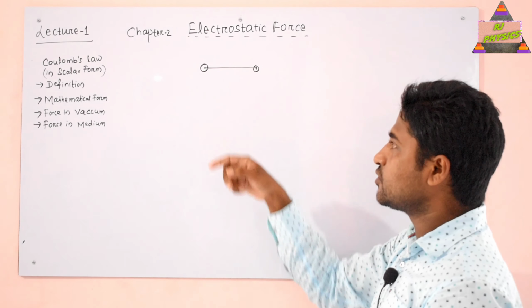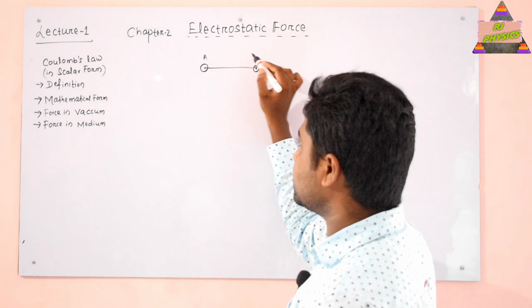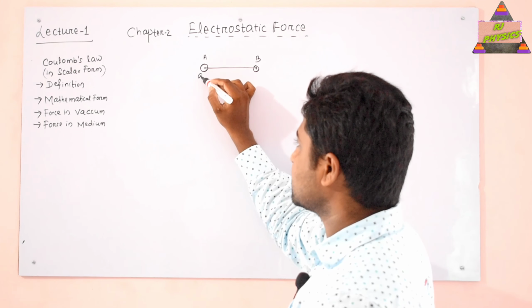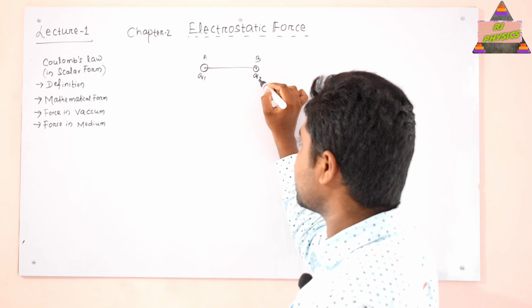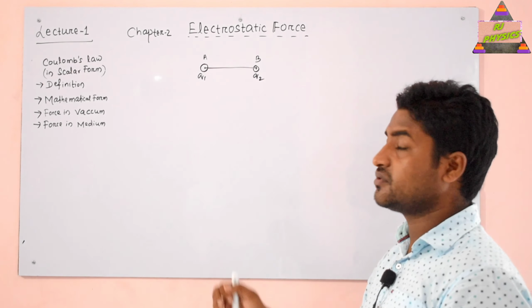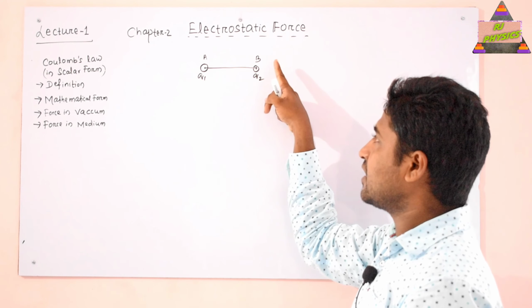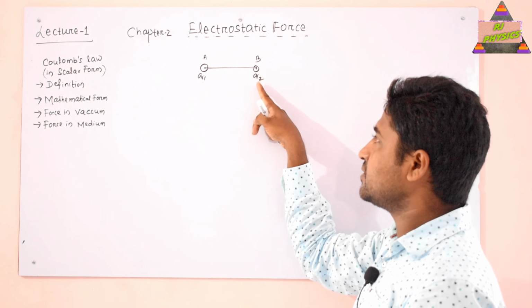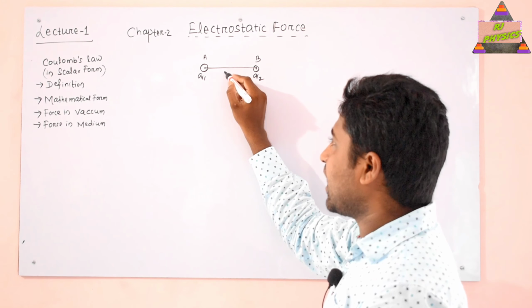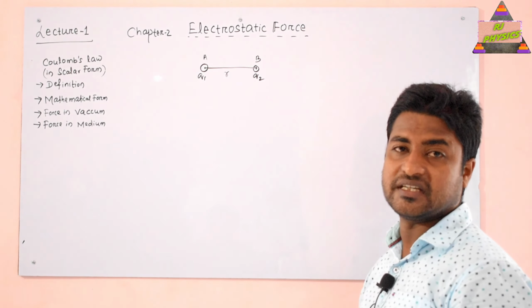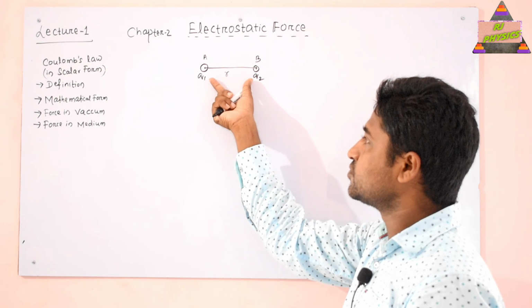Let us consider two objects A and B having charges of magnitude Q1 and Q2 on them. That means the charge on A is of magnitude Q1 and the magnitude of charge present on B is Q2. Let R be the distance between their centers, or the distance between the two charges.